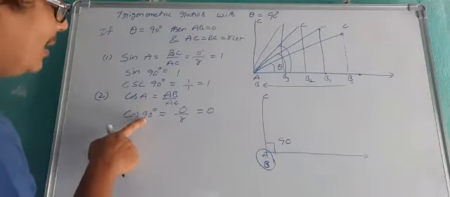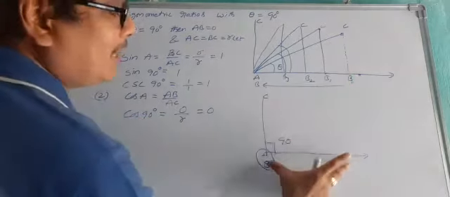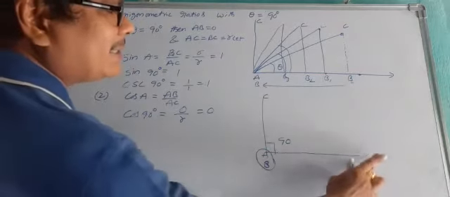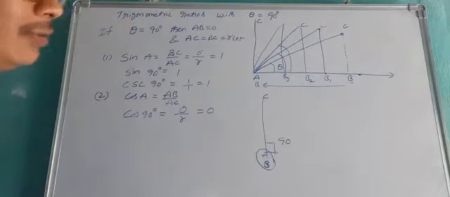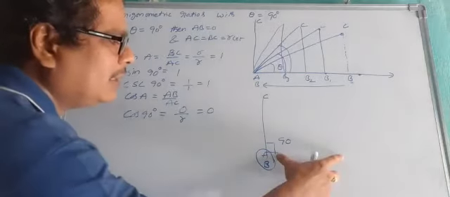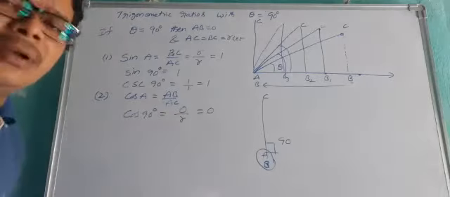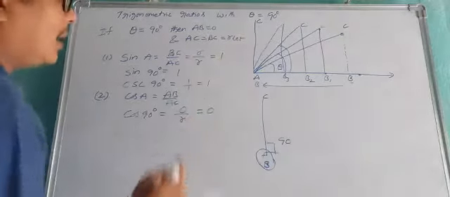When the angle A equals 90 degrees, the length of AB, as already explained, decreases. No angle is there, no length is there. So here AB equals 0, so you substitute 0 by AC equals R.